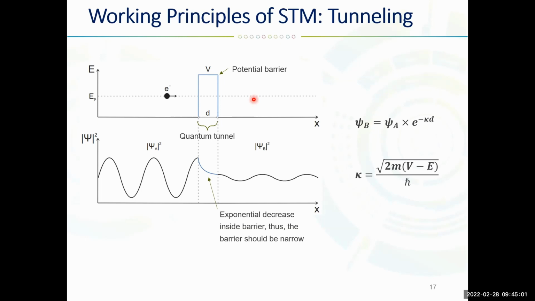So if this distance is small enough, electrons can tunnel through the vacuum barrier. Then when a voltage V is applied between specimen and tip, the tunneling effect results in a net electron current. And this is what we can actually detect.